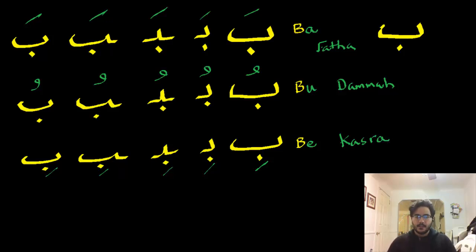Alright? Let's look at how it affects our other letters. Let's look at another letter that we've studied already, and that is the tha, with 3 dots on top. If I want to go tha, I put a fatha on top.